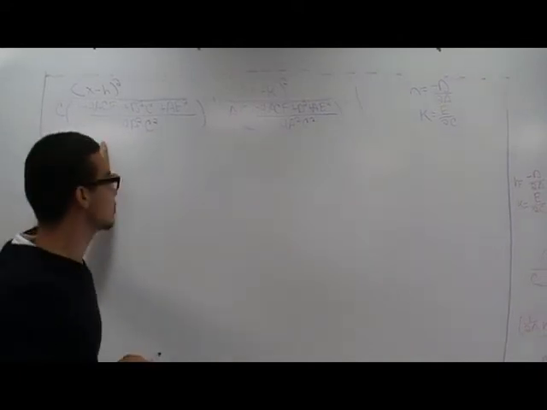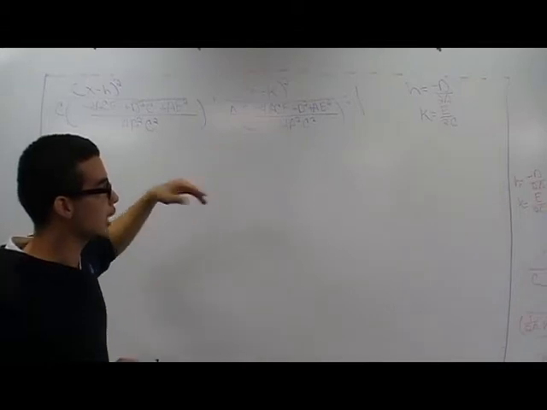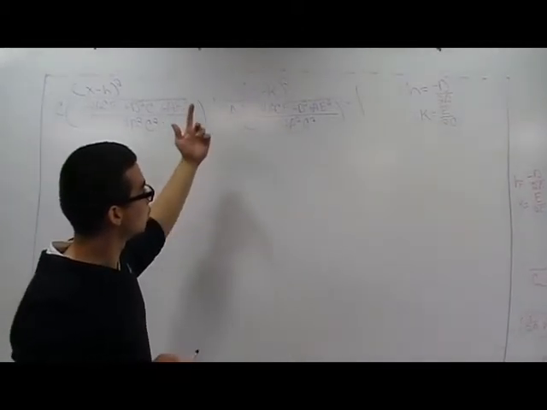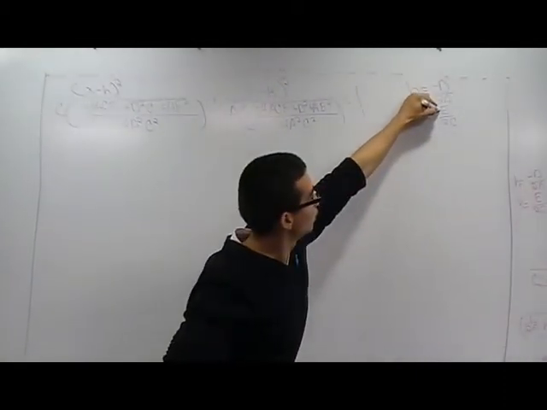I have rewritten the whole equation again, but this time I replaced negative d over 2a with h and e over 2c with k, negative e.